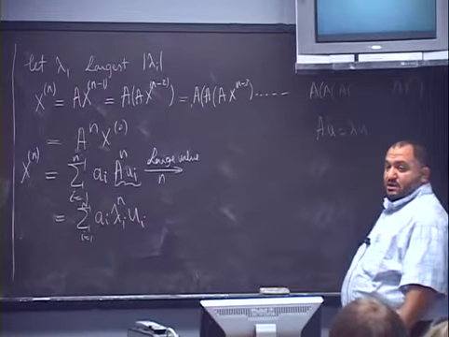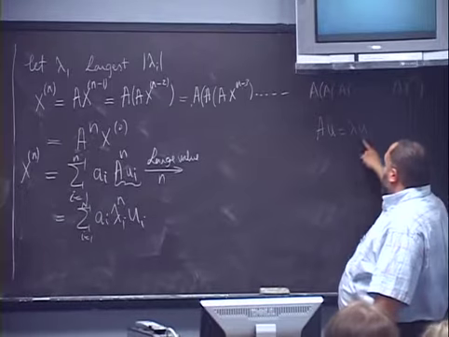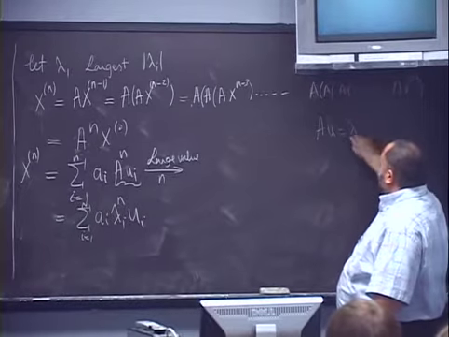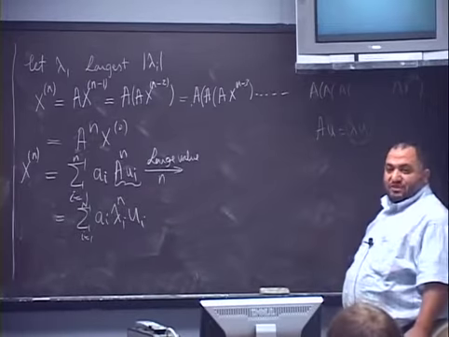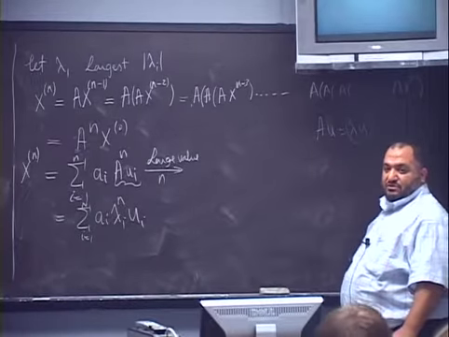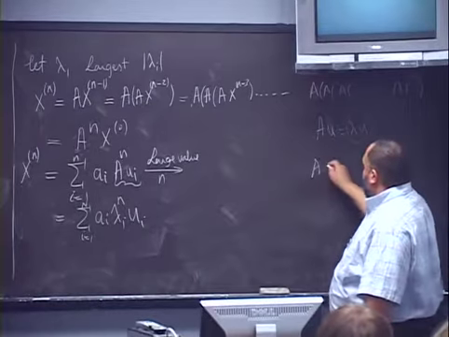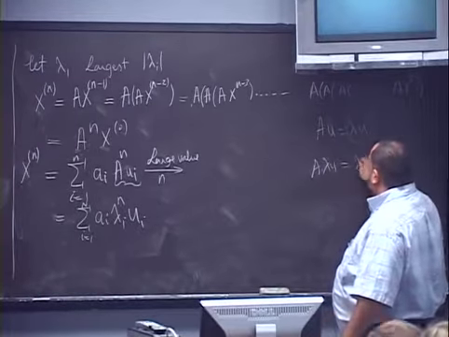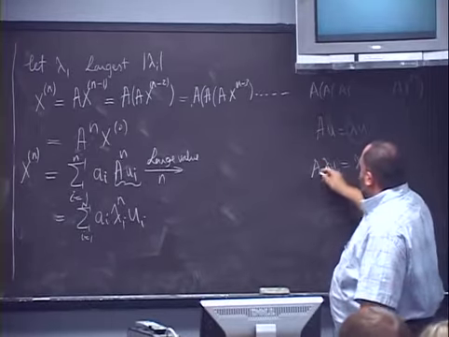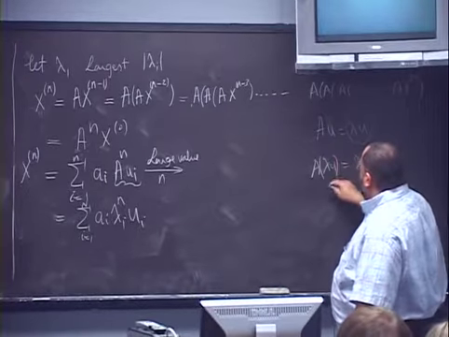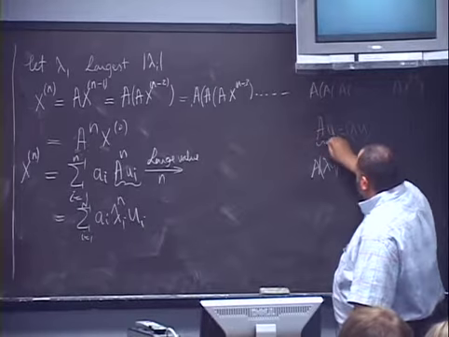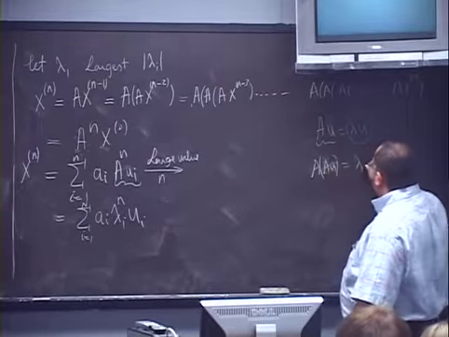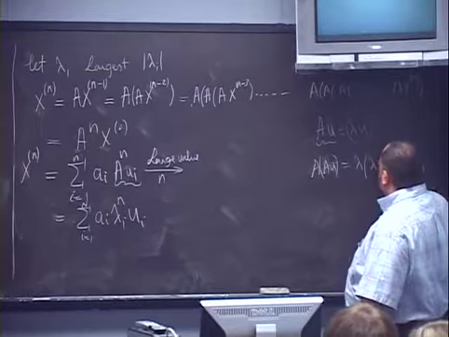If you assume that lambda u is another eigenvector, and you apply A over it, A applied over A u equals lambda applied over lambda u.